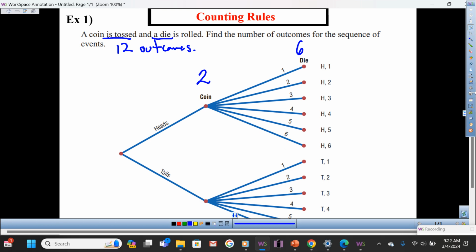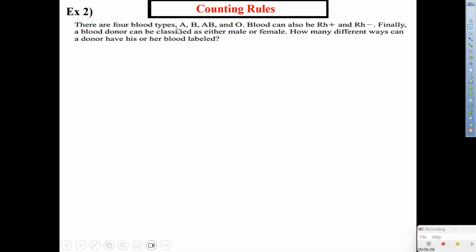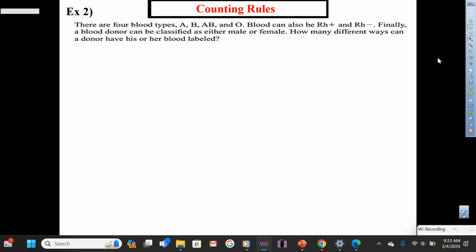But for this one, we got A, B, AB, and O. Then we got Rh positive, Rh negative, and then the last branches would be what? Male or female. So let's think. How many different ways can a donor have his or her blood labeled? So check this out. I'm going to underline stuff.